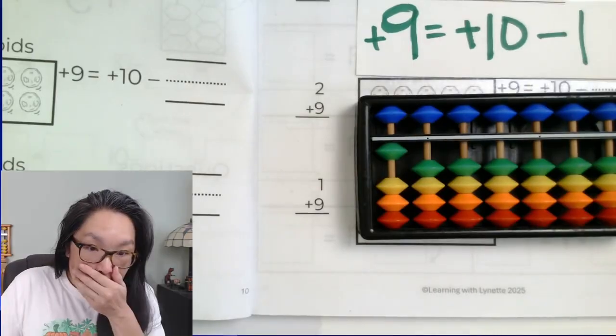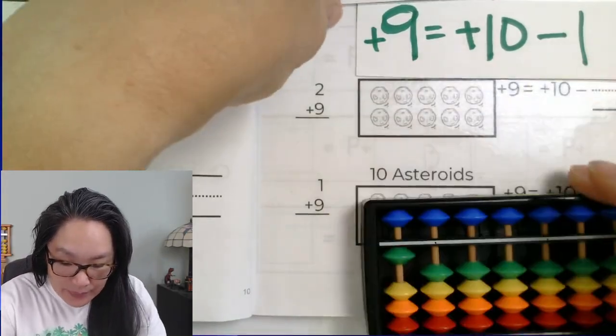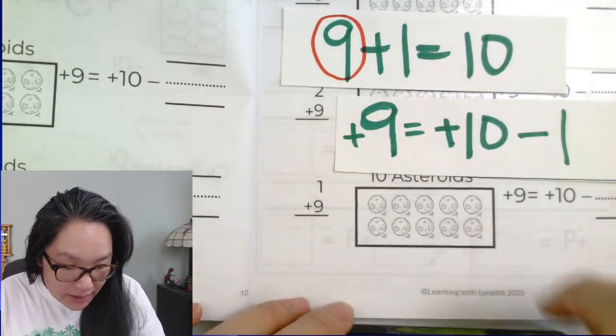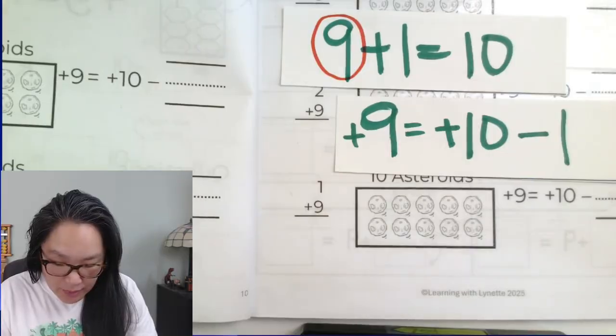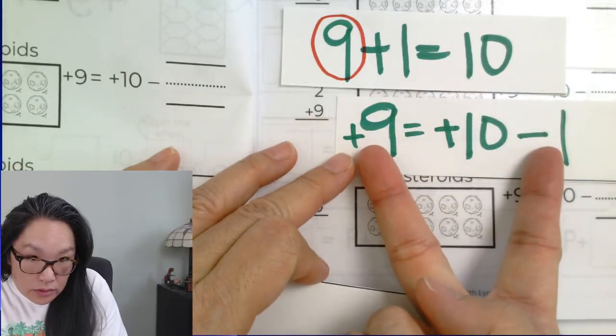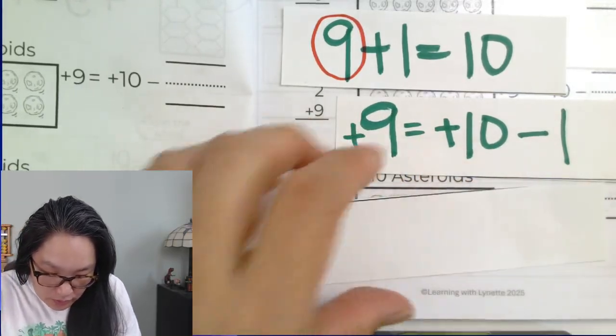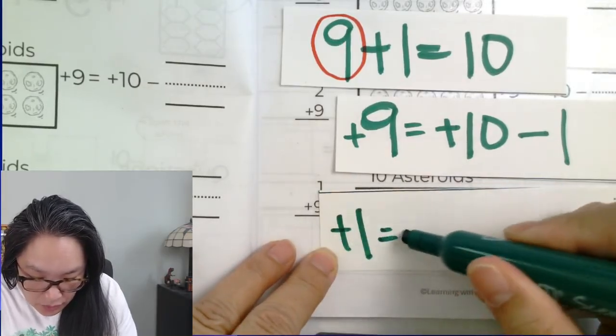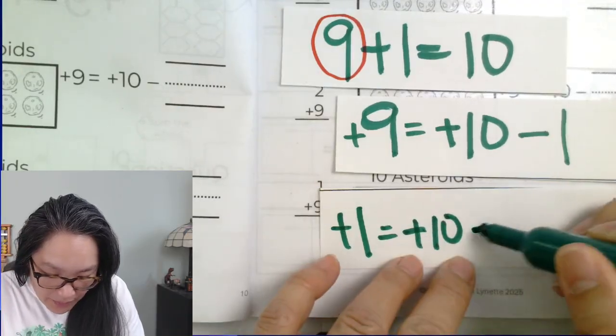Now here's the thing. We can do more with this. What does that mean? Well, we know that these are pairs. The 1 and the 9 is a pair. So what if we switch these around? When we switch it around, we do plus 1 is equal to plus the 10 minus the 9.